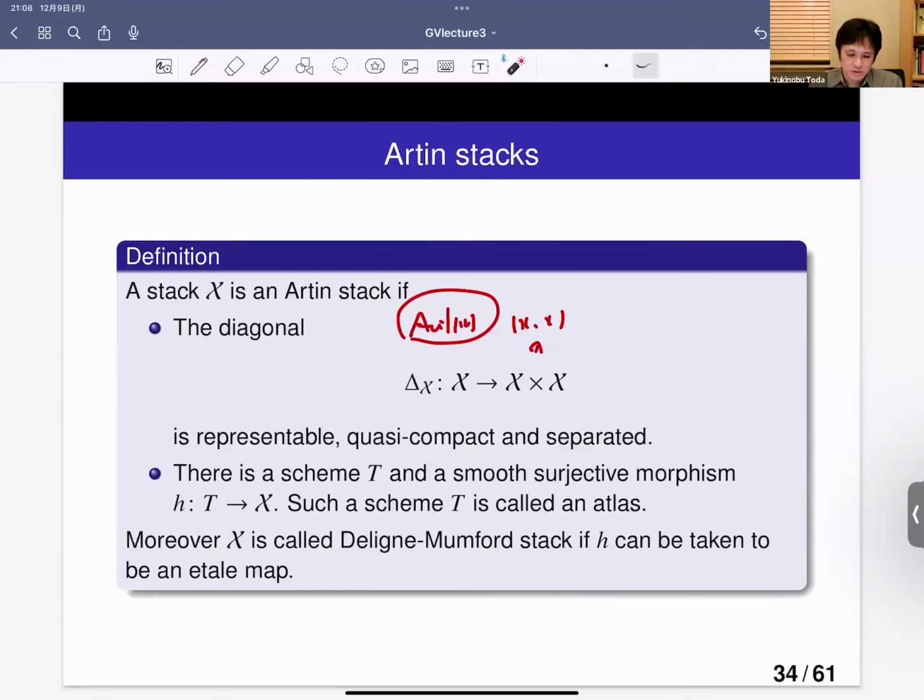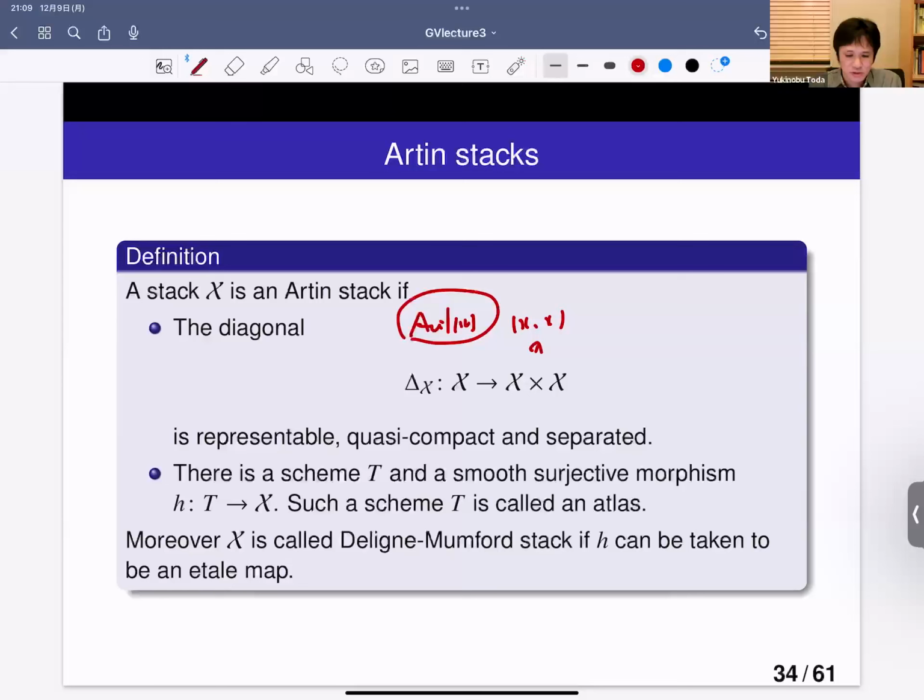And also there is a scheme T, and yes, are there questions? So there is the scheme T and a smooth surjective morphism from T to X. So we say that such a scheme is called an atlas.